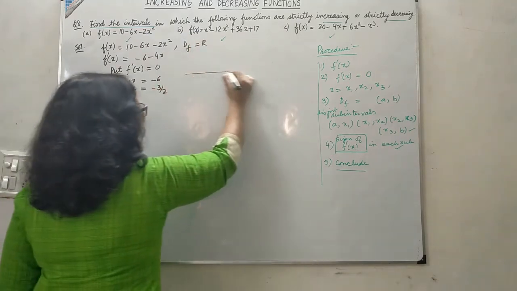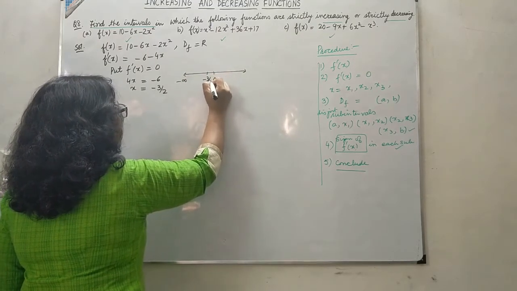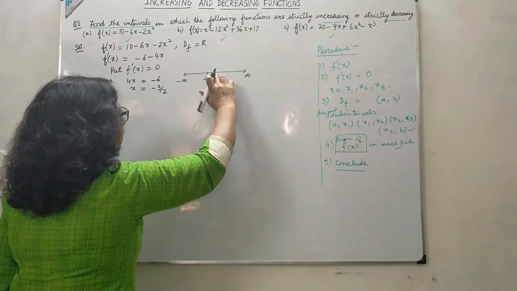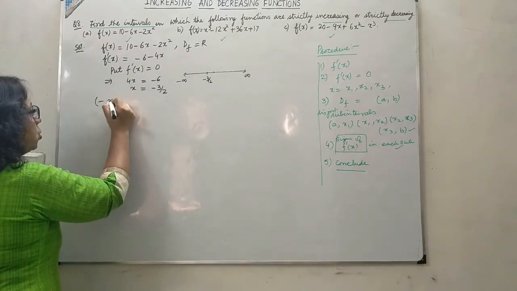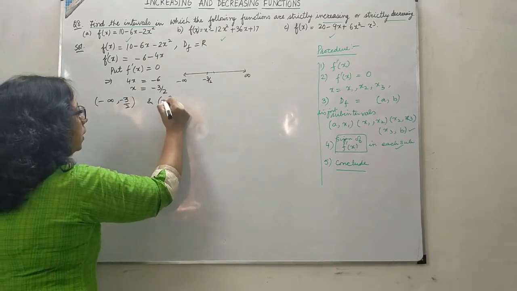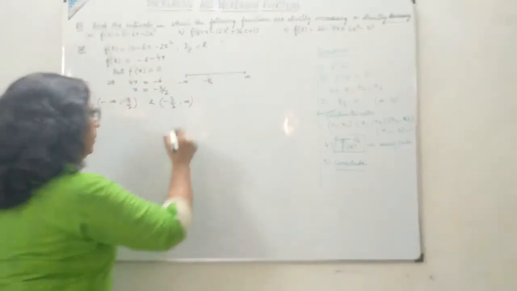So this particular point, if I draw on the number line, is minus 3 by 2, and it divides the whole real number line into 2 disjoint sub-intervals. You can see here, these are the 2 disjoint sub-intervals of the given number line.